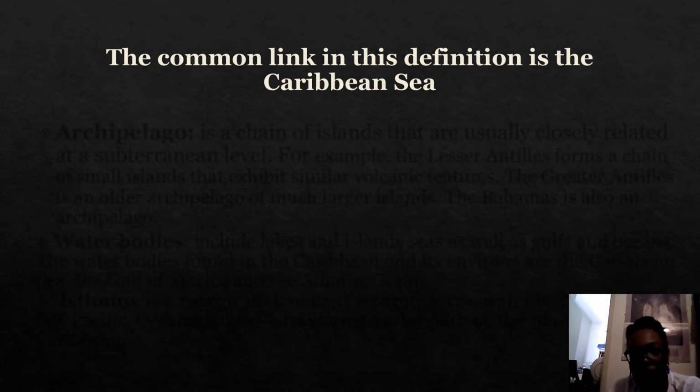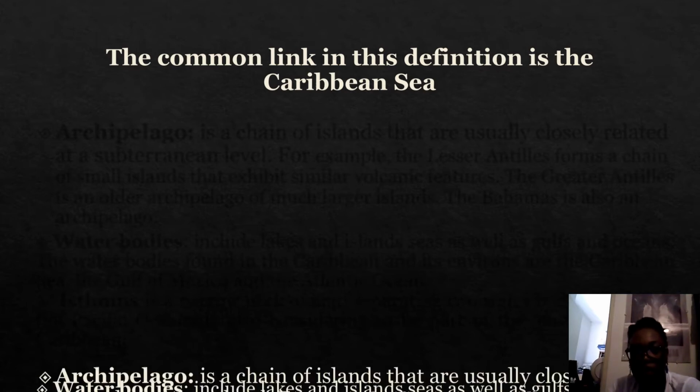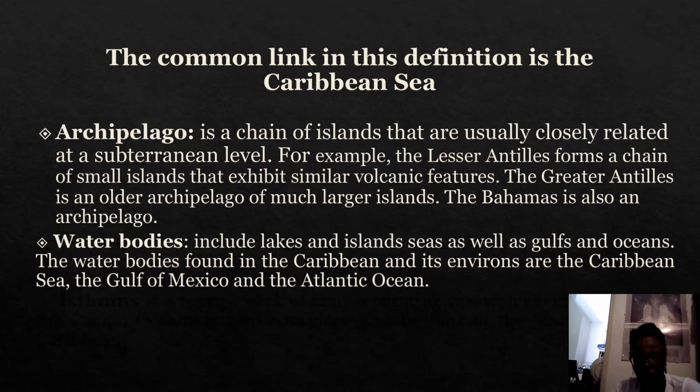Okay. Some of these terms include archipelago, all right? And when you incorporate terms like archipelago, when you're describing the geographical definition, the examiner will underline it and give you what is called a knowledge point, all right?